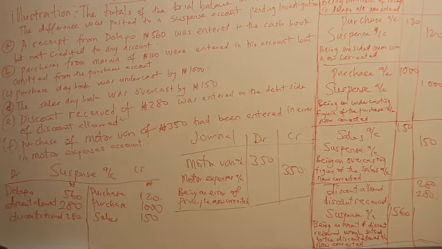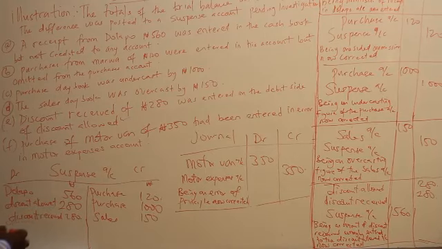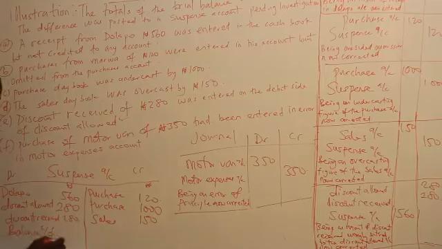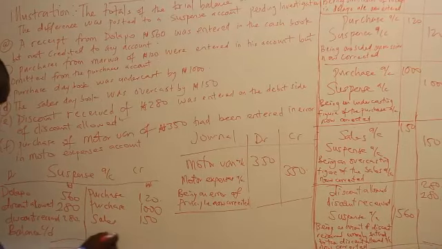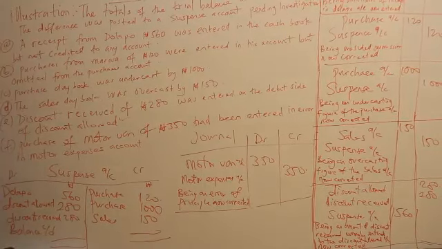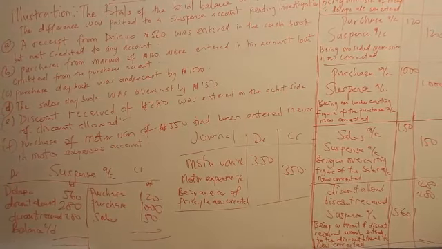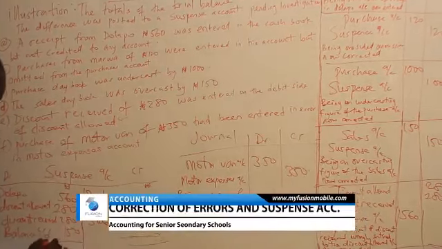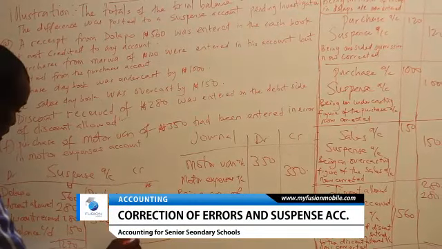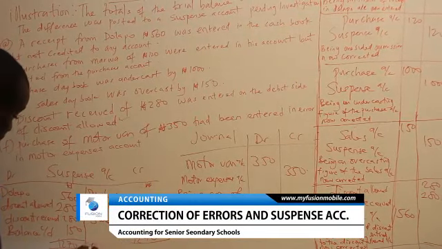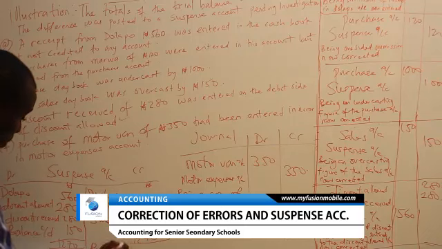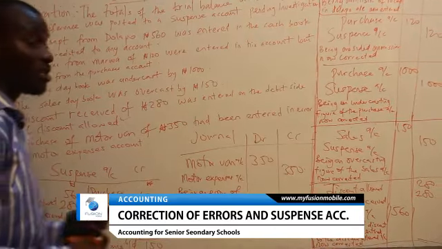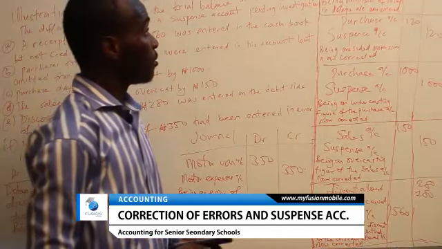So that means the credit side is greater. So we're going to have balance carried down in this place at the debit side. So the difference is actually 150. That is balance carried down. Then we have 1270. Then we can have balance brought down in our suspense account, 150, which represents the difference in the trial balance.